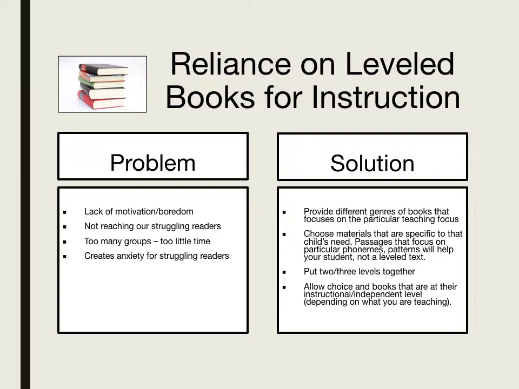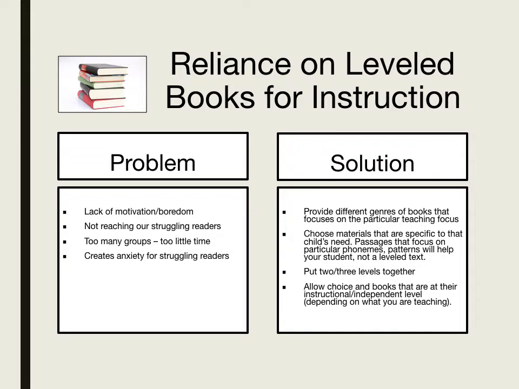The other problem with leveled books is lack of motivation or boredom. So providing a few different genres of books that focus on a particular teaching pattern or focus will be a lot more helpful. The other issue is that you may have too many groups and too little time. So if you do have levels, you can put those levels together, say L, M, and N, but perhaps focus on a specific strategy or a skill that you want to work on with that group within that level.